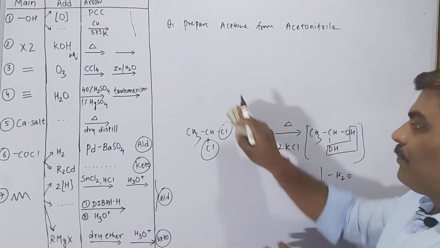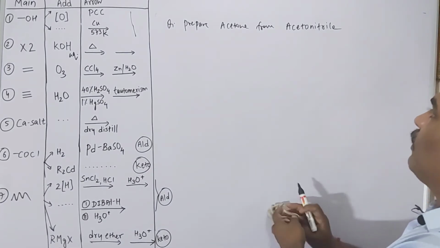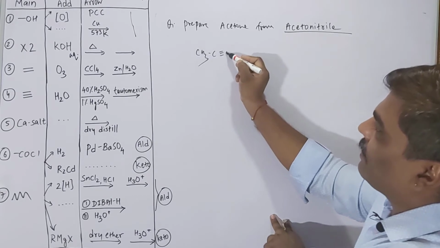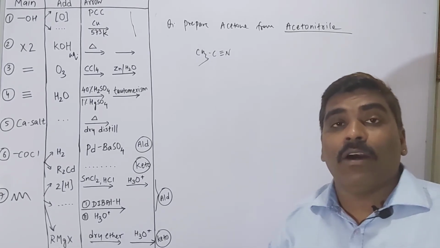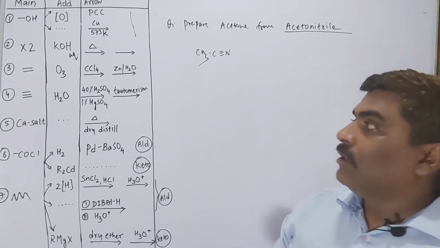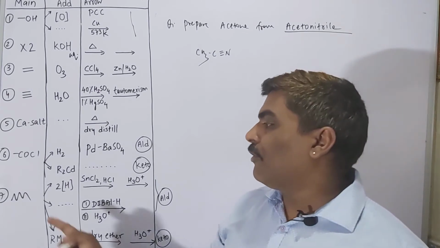For this, see, first acetonitrile is nothing but methyl cyanide. So just try to find out where methyl cyanide is. So cyanide, obviously number 1, 2, 3, 4, 5, 6 fails here. Directly we'll go for number 7.